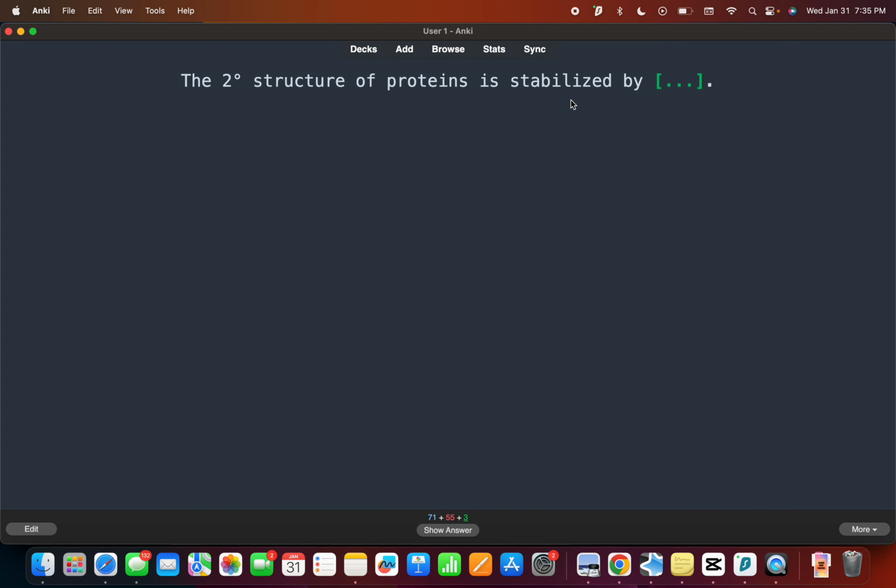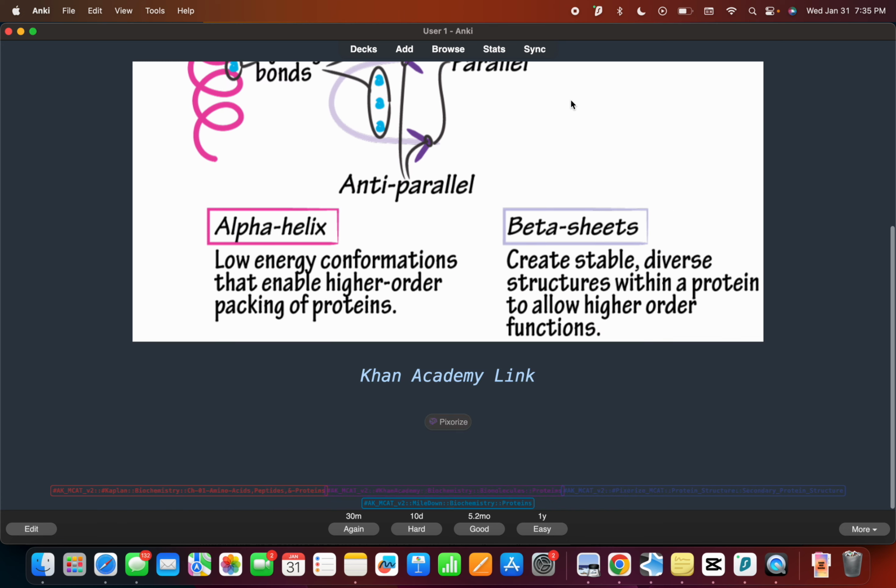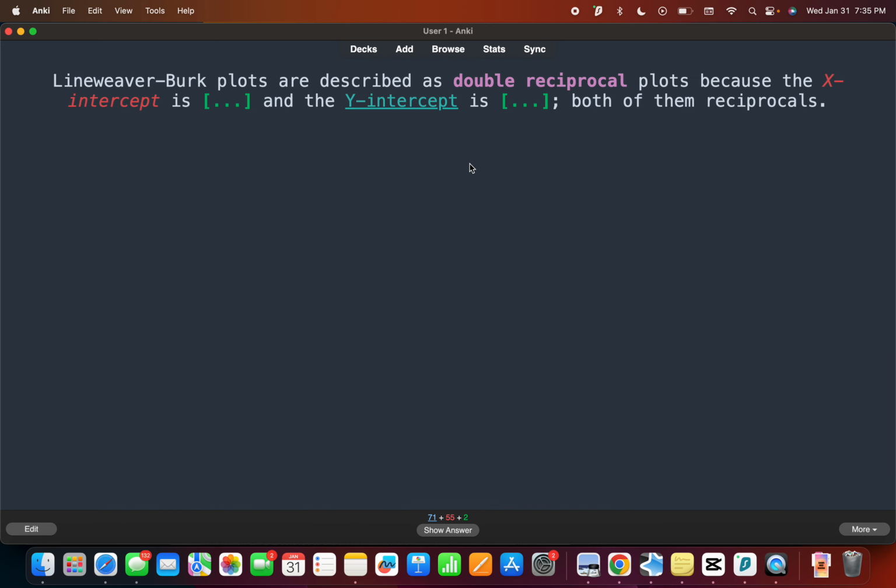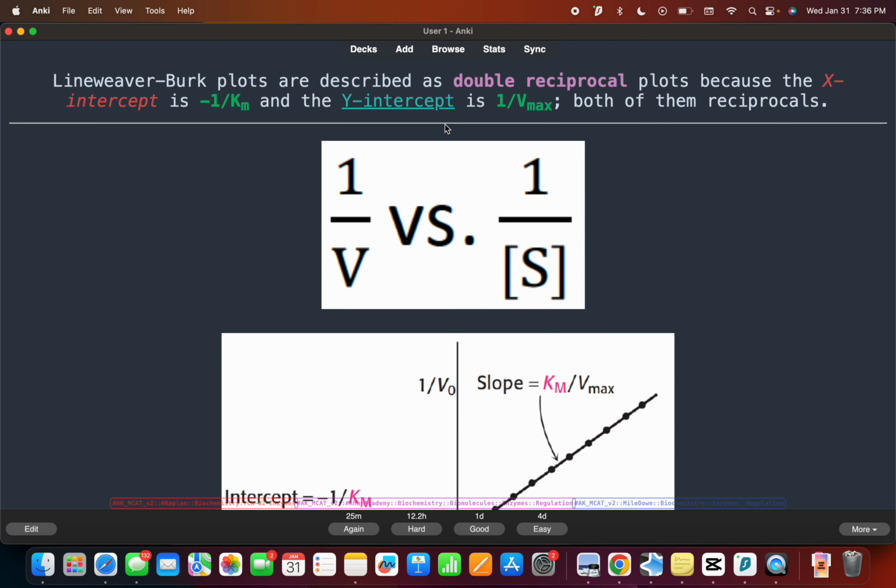Secondary structure is stabilized by hydrogen bonds. Nice. Lineweaver plots are described as double reciprocal plots because the x-intercept is what and the y-intercept is what? Both of them reciprocals. The x-intercept is minus 1 over Km, and the y-intercept is 1 over Vmax.